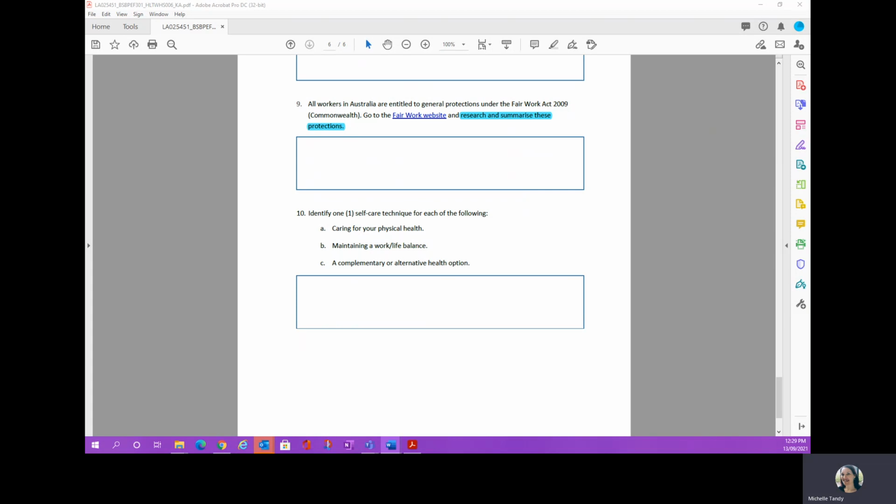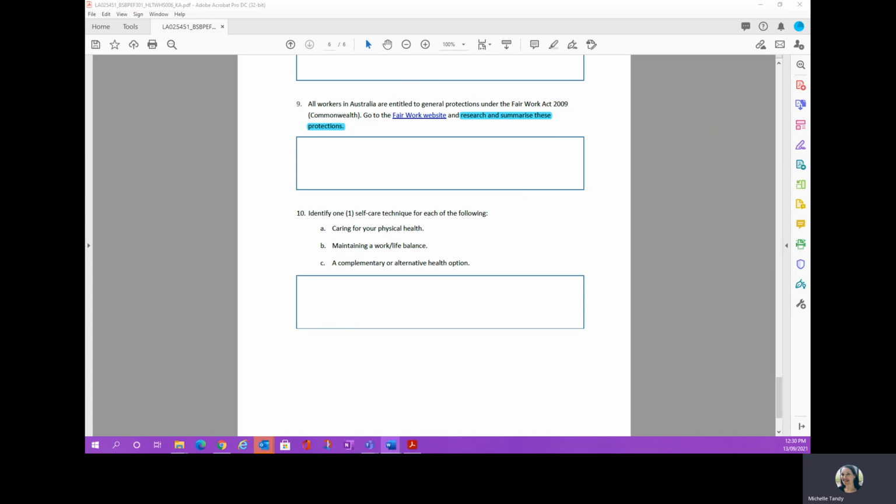So some might overlap. So you may be caring for your physical health by participating in a complementary health option. However, we do want to see 3 different techniques, but one for each of those categories in the question. So in your answer, you should really be writing A, and then your response for caring for your physical health.